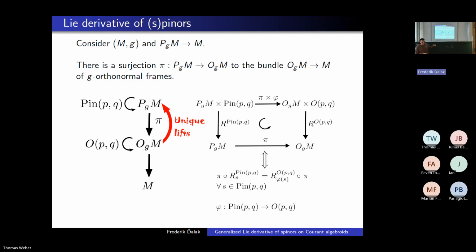As I mentioned, our goal is to lift the vector field from the manifold M to the total space of the pin bundle. But the possibility of constructing unique lifts of vector fields from the bundle of orthonormal frames to the pin bundle makes our work easier, because now it's enough to construct the lift of the vector field from M to the bundle of orthonormal frames, and then we can uniquely lift it to the pin bundle to construct our actual Lie derivative.